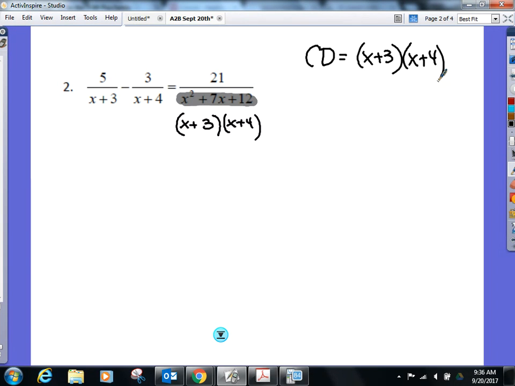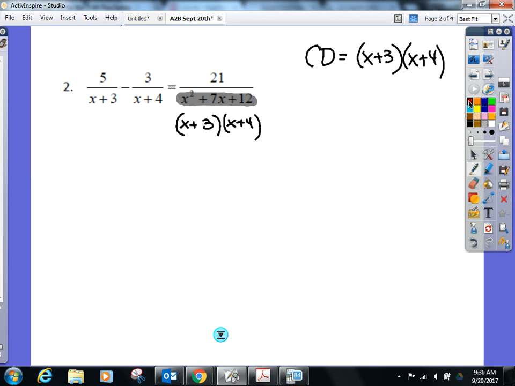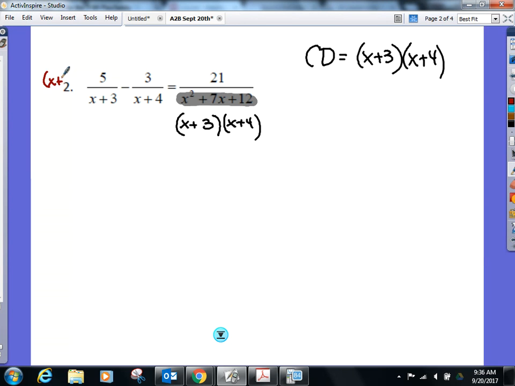I got the x plus 4s. There's nothing left. There's your common denominator. That's what I'm going to multiply each of those by. So x plus 3 and x plus 4.